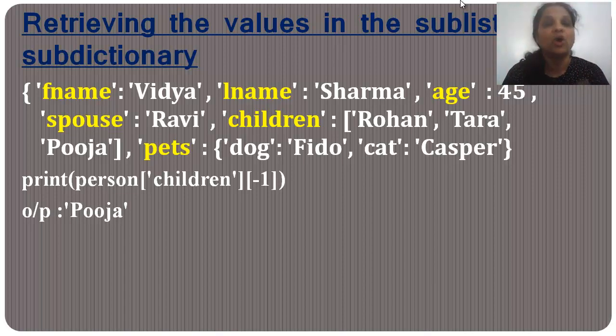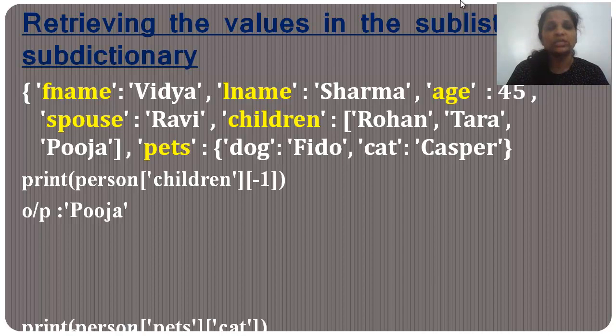I'm referring to the key called children. But the value associated with children is a list. Correct? Now does list have indexing? Yes. Now I've used negative indexing, which is -1. So -1 is the index of which element? The last element of the list. So it only shows me Pooja's name.